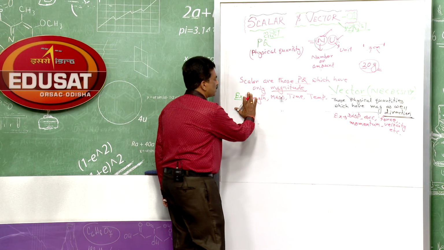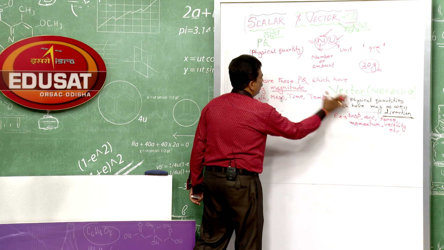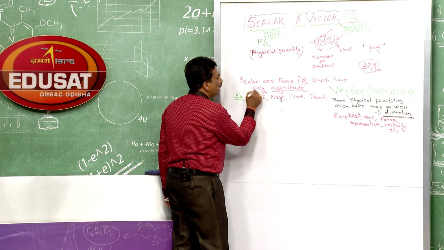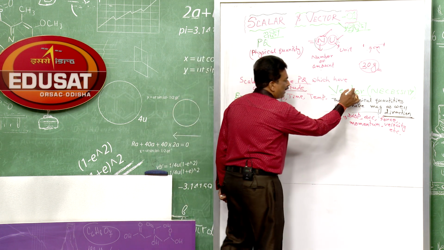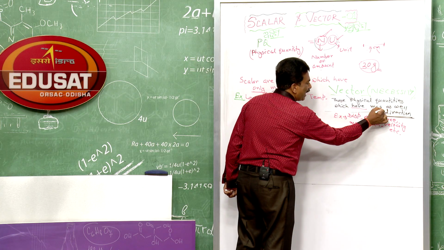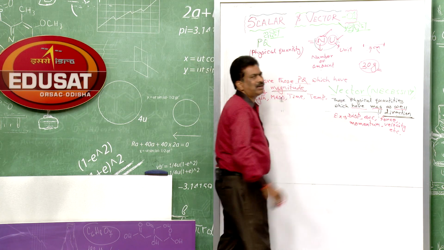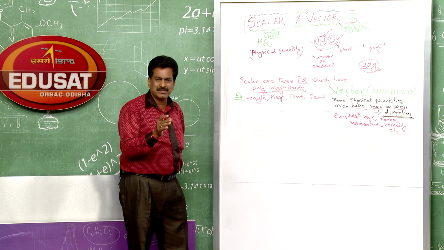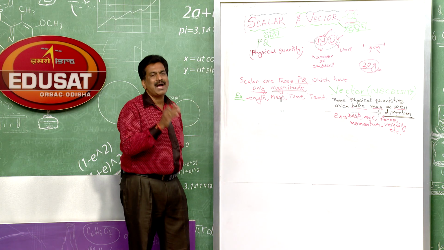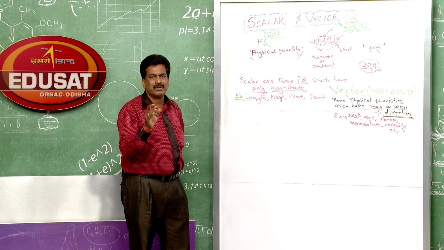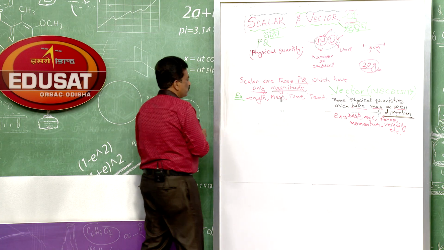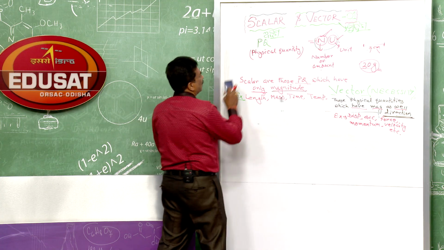So this is scalar, this is vector. The scalar has only magnitude, but the vector has magnitude as well as direction. If the direction is there, then the question comes how that vector is to be represented. Next we will go to the representation of the vector.